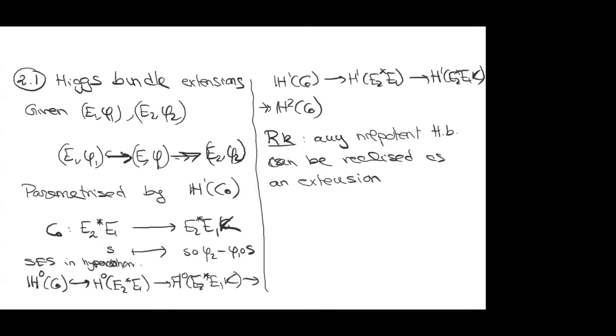For example, of the kernel of the Higgs field with the zero Higgs field, and then E0 with some induced Higgs field. So it's not hard to see. Since we were only working in rank 2, this will always be 0. Okay. But it's not hard to see that it generalizes. I mean, or if you think in local terms, you see from the matrix, from the standard form that this has to hold.